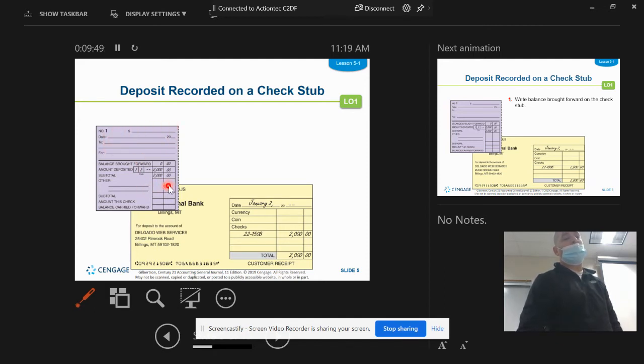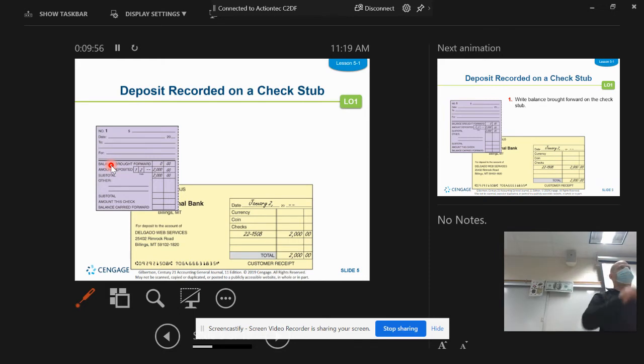The bottom part would be if I'm writing a check, but the middle part is if I'm depositing a check. You can do the top and the bottom without filling out the middle, or you can do the middle without filling the top or the bottom. Okay, so they can work independently.